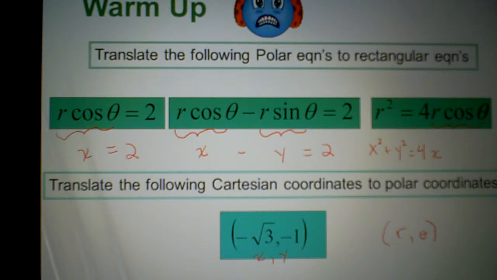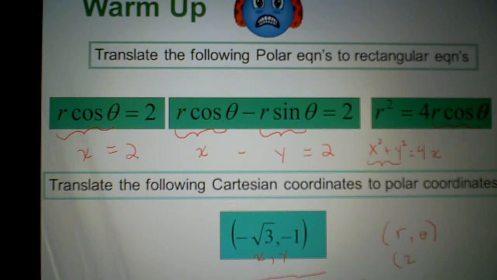So for the radius, remember, if r squared is x squared plus y squared, then r would be the square root of negative root 3 squared plus negative 1 squared, which of course is the square root of 3 plus 1, which is square root of 4, which is 2.